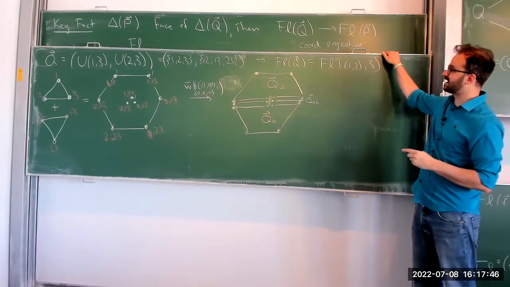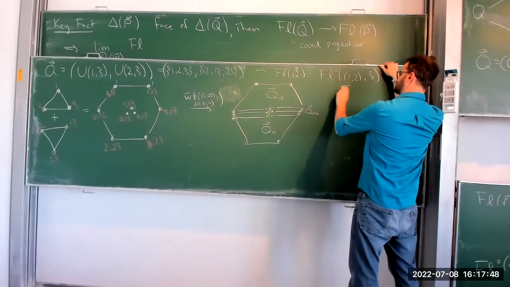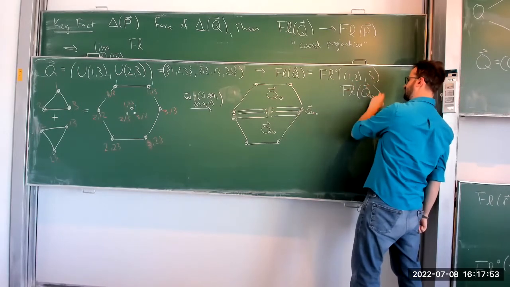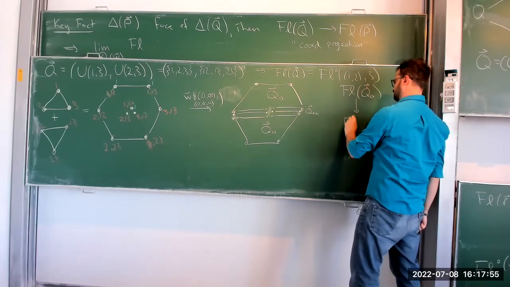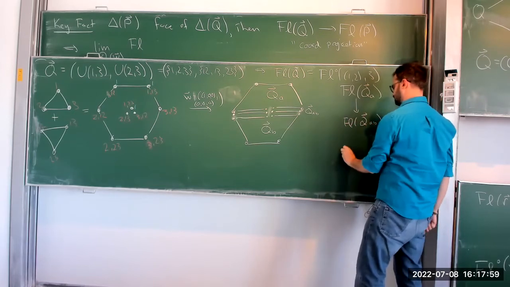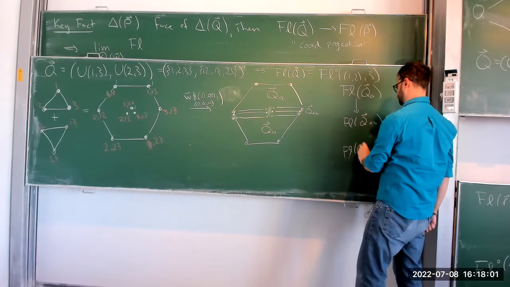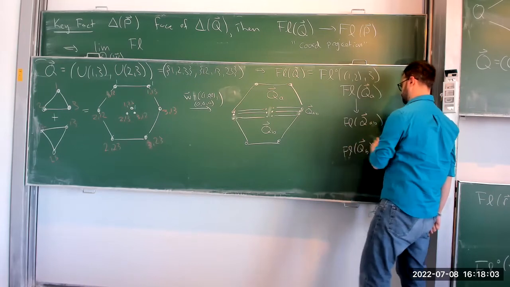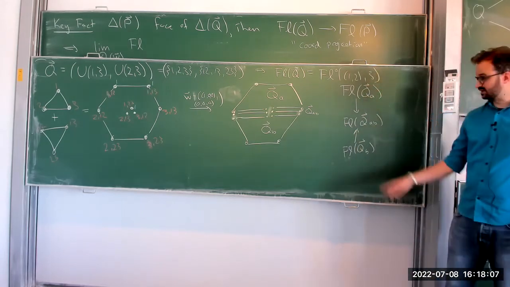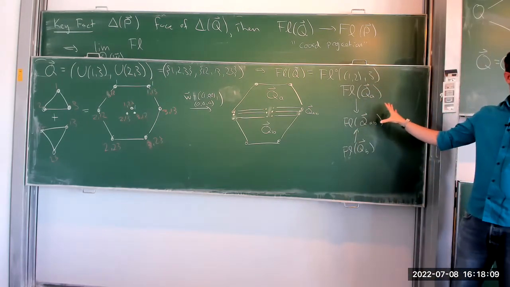So by this key fact, the stratum corresponding to Q vector A has a map to Q vector AB, and similarly Q vector B has a map to the common guy, right? So we have a diagram that looks like this.